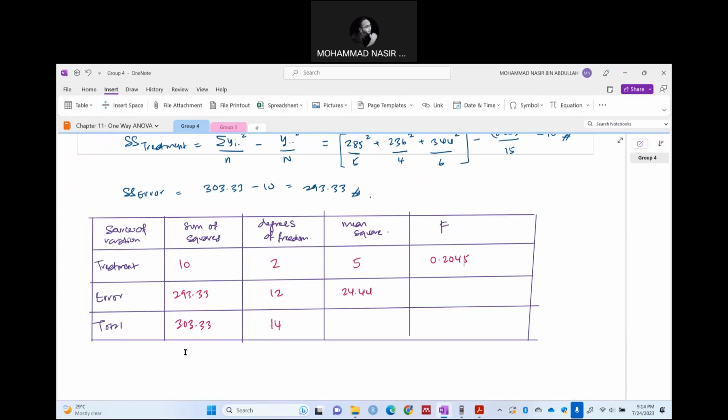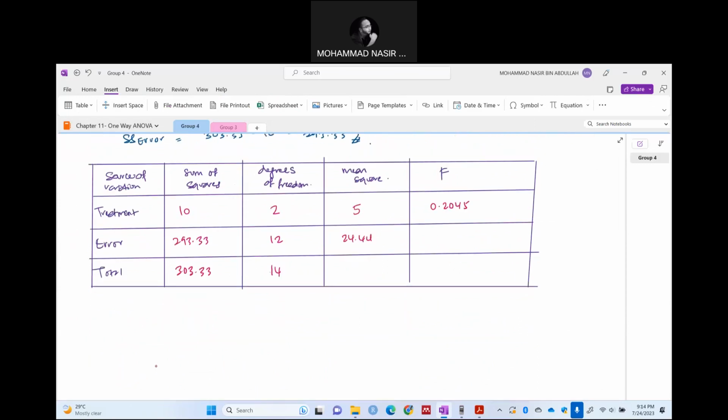So the next step is to construct a hypothesis test. So null hypothesis mu1 equal to mu2 equal to mu3. So we only have 3 kan? Alternative hypothesis, at least one mu i is not equal to 0, where i equal to 1, 2, 3.